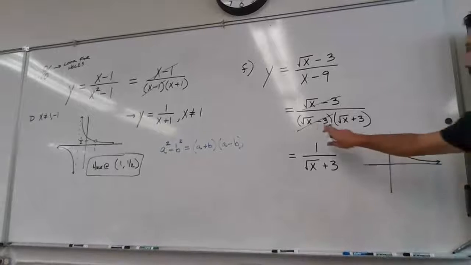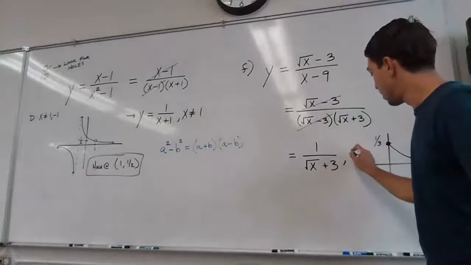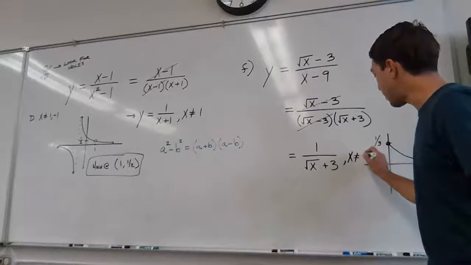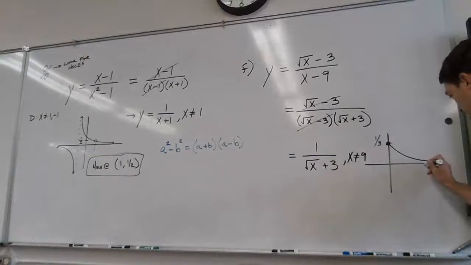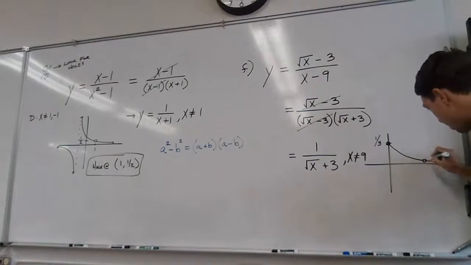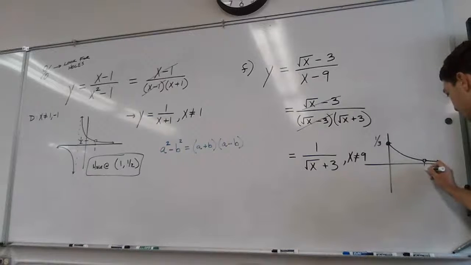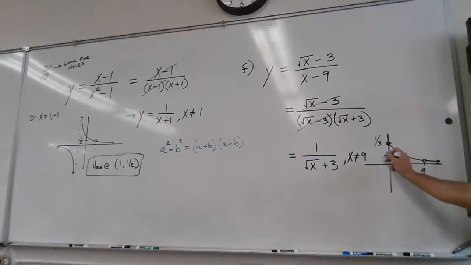Don't forget, we're still not allowed to have 9 as an x value. Some of my graphs look terrible. So x is 9. By the way, where is the y value of the hole? It's 1/6.